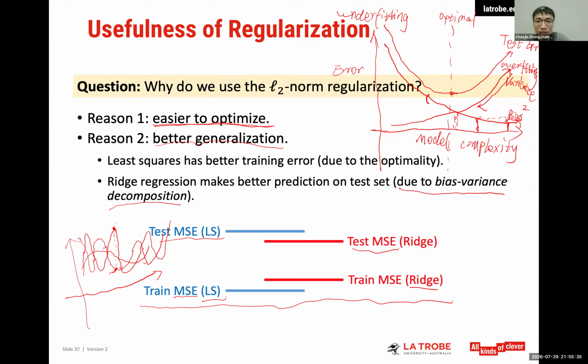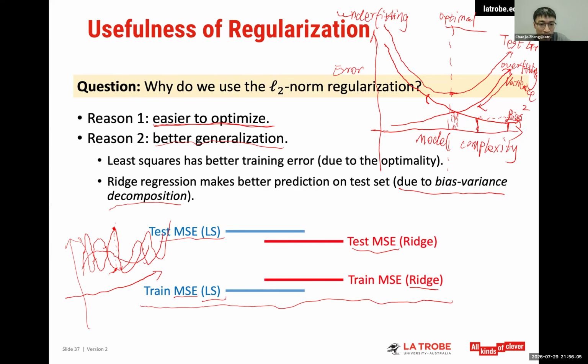Because if we keep decreasing the model complexity, the bias squared measurement will increase much quicker than the decrease of the variance. So it's not worth doing that. We will reach a balance point, and this balance point would suggest the optimal model complexity. So that is the bias variance decomposition.